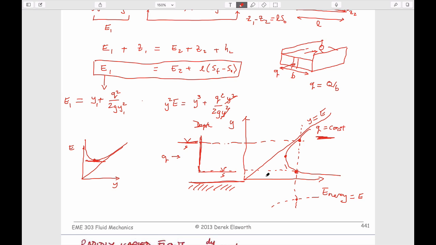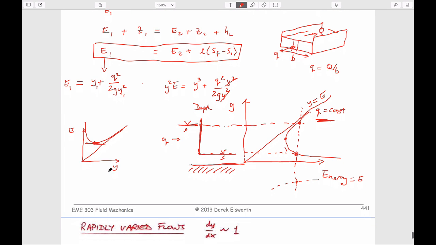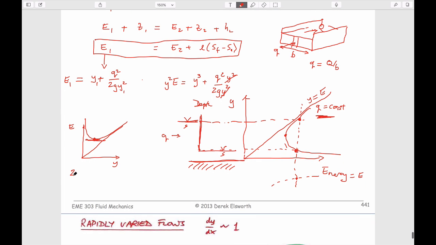The other thing we can talk about is that we're going to consider two cases. The first is where it is inviscid. In other words, mu goes to 0, therefore the energy grade line SF goes to 0.